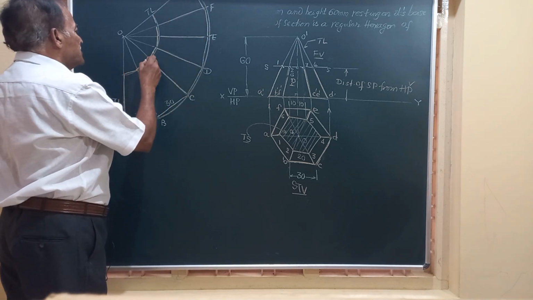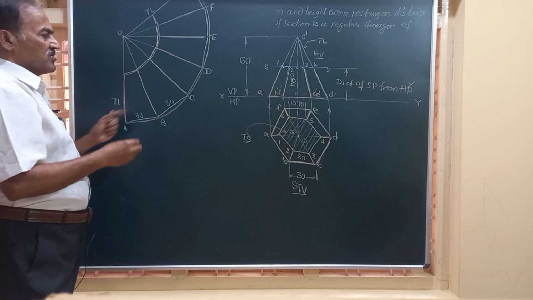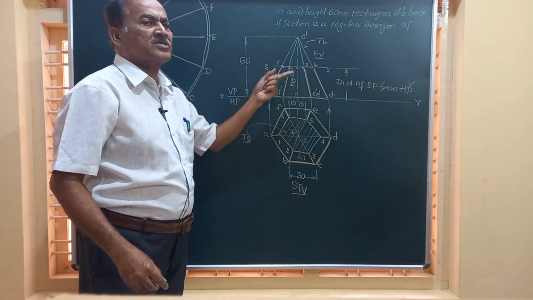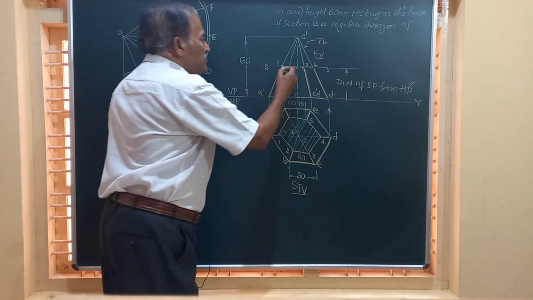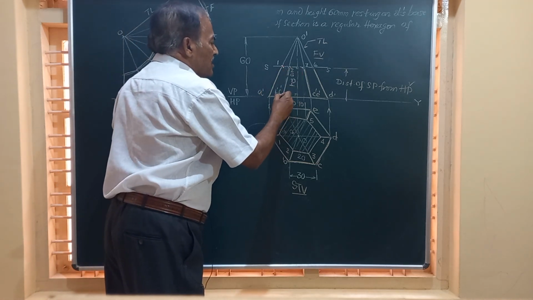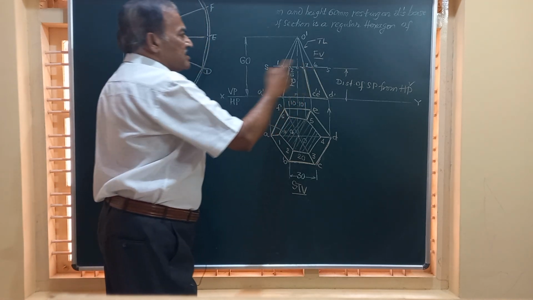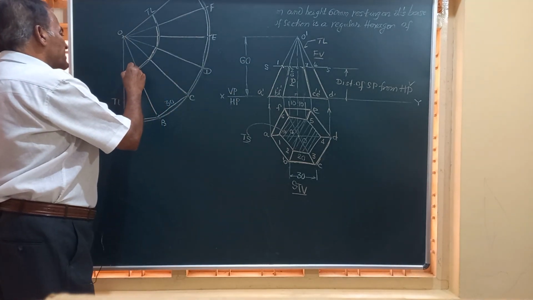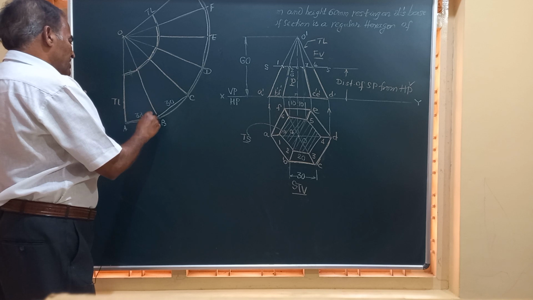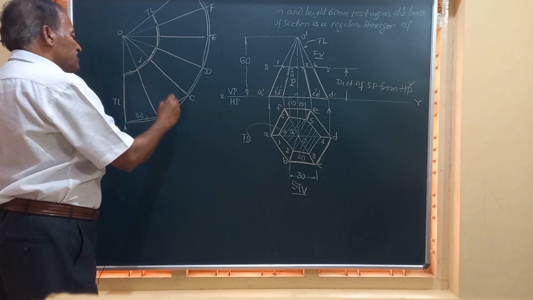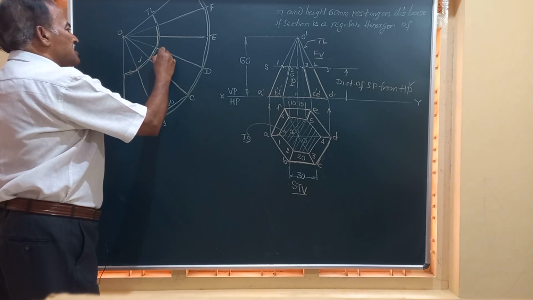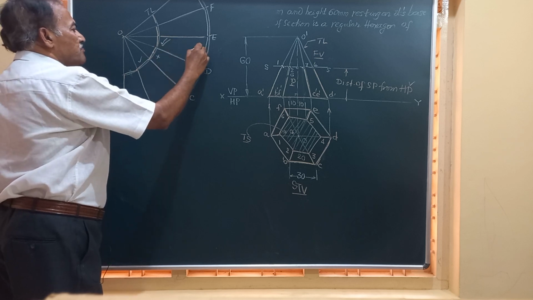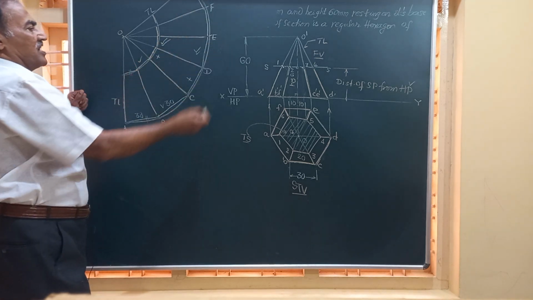And friends, if you observe this figure, you will also notice that since the section plane is horizontal, whatever lengths you have got here are all parallel. The section plane is parallel to the base, and all these edges, for example, this edge is parallel to this edge, is parallel to this, and so on.